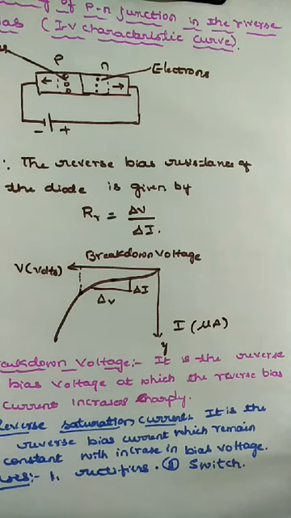In today's class we have discussed what biasing is. There are two types of biasing: forward biasing and reverse biasing. Forward biasing means the P side is connected to the positive terminal of the battery and the N side to the negative terminal. In reverse biasing, the P side is connected to the negative terminal of the battery and the N side to the positive terminal.